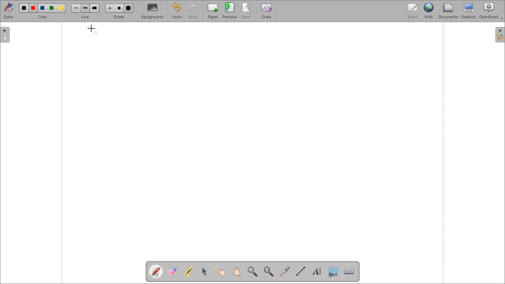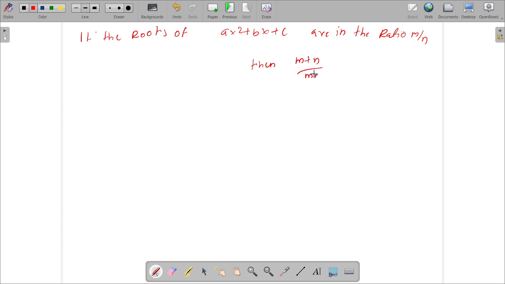So if the roots of a quadratic equation ax square plus bx plus c are in the ratio m is to n, then m plus n whole square by mn can be written as b square by ac. Okay, na? Sum of the roots by product of the roots.